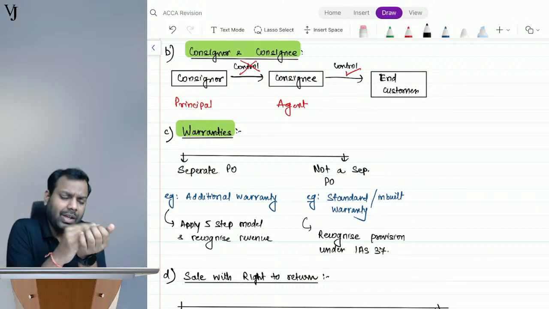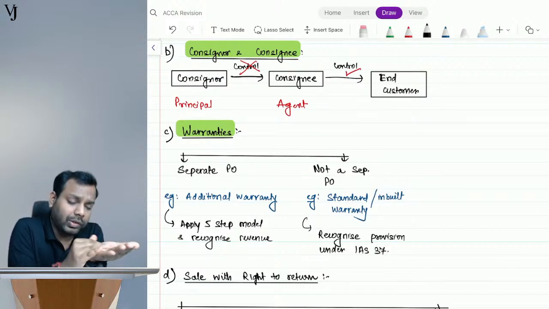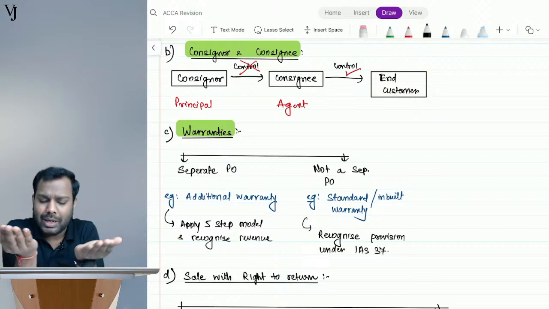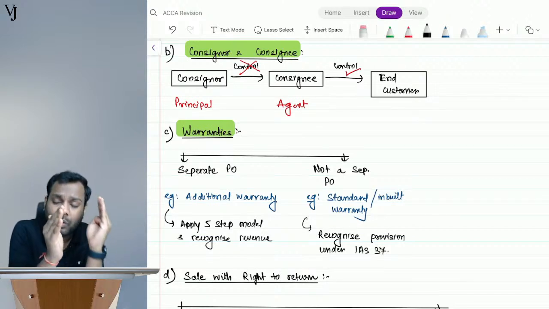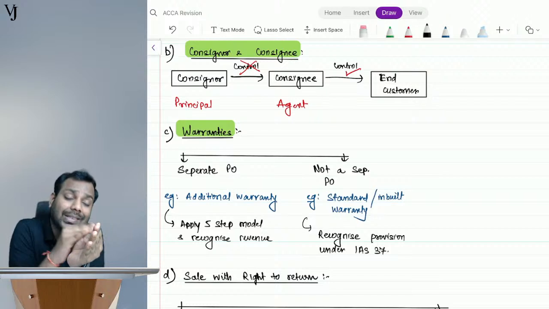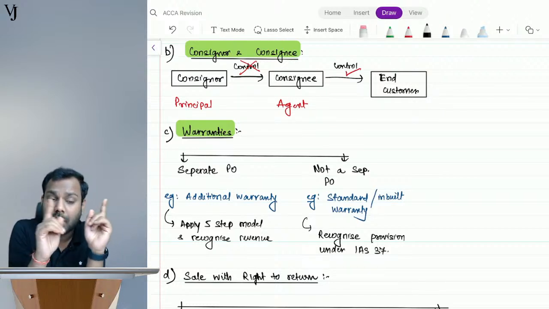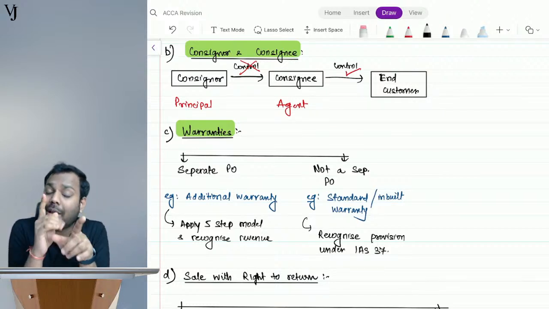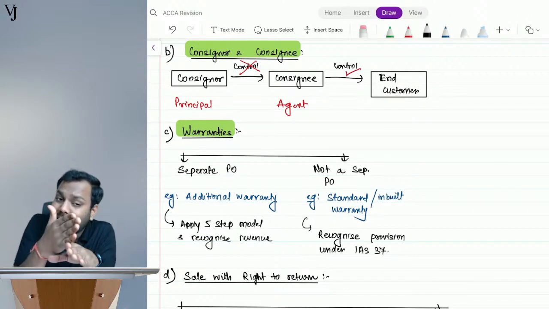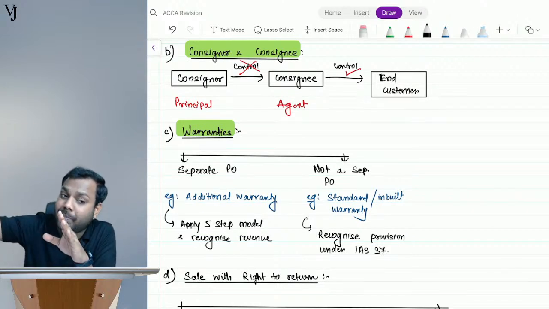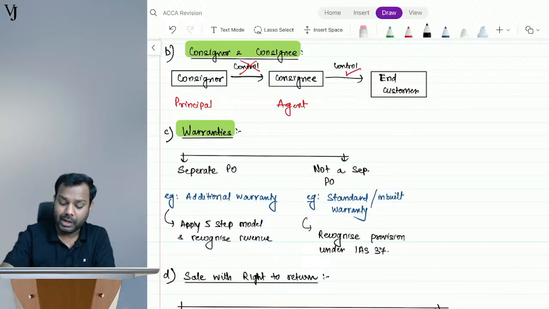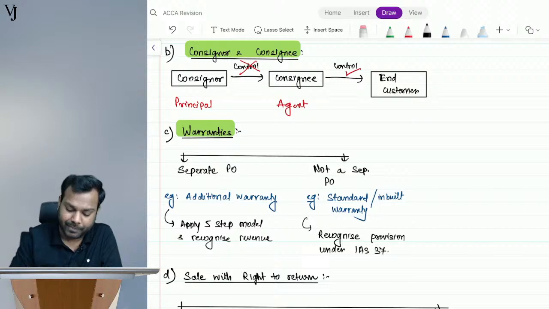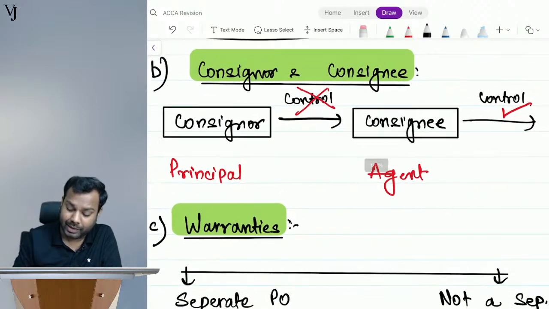So tell me, when the consignor gives the goods to the consignee to sell on his behalf, is the control transferred? No. The control gets transferred when the consignee sells it to the end customer. Now comes the question, how will they recognize revenue for this?